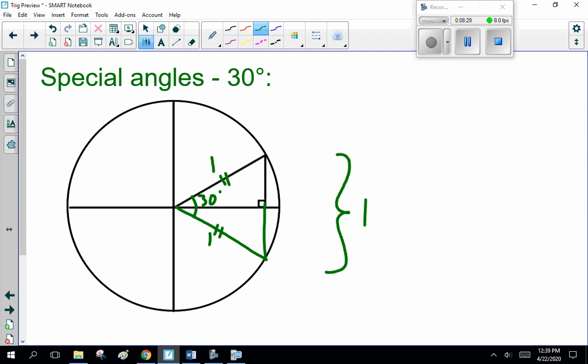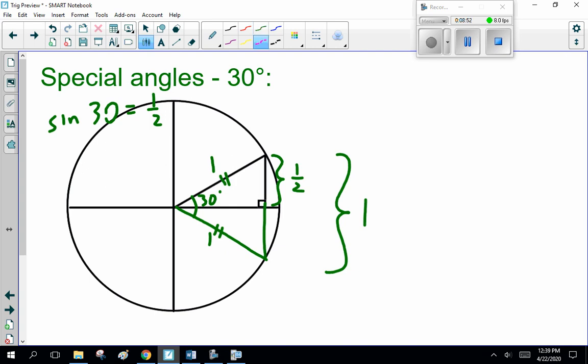This is 1. What is half of 1? 1/2. So sine of 30 degrees is a half, the opposite side, or technically a half divided by 1.